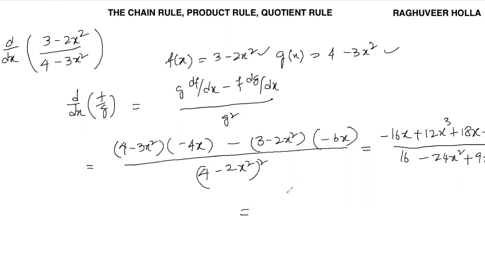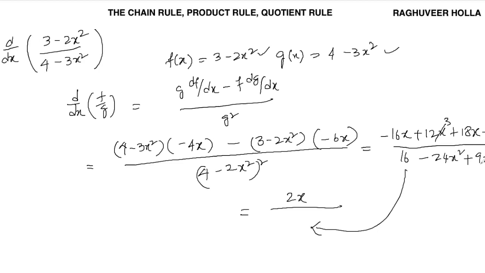Further, if you simplify, these terms get cancelled, so you will have 18 minus 16, which is 2. So 2x divided by the denominator.